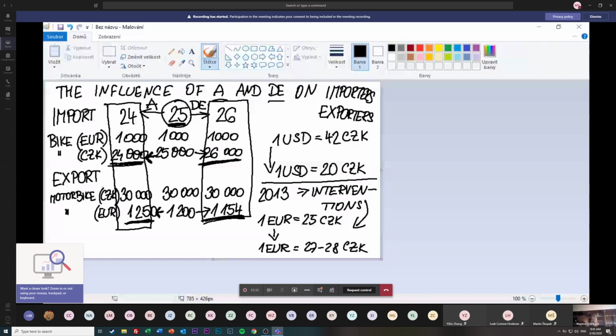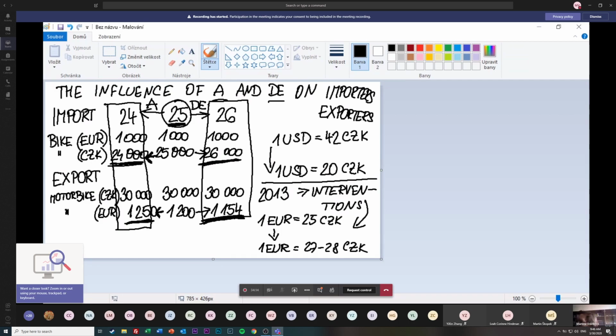Sometimes we say that it's a pillow for exporters. It helps them. It's not necessary to innovate. It's not necessary to reduce costs. But by means of depreciation of the domestic currency, you can have better conditions.